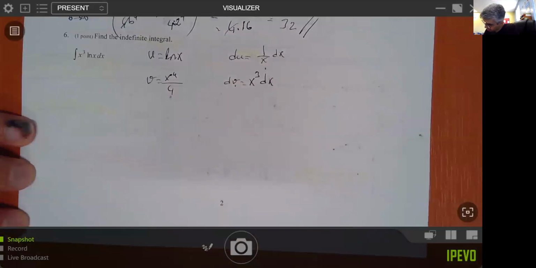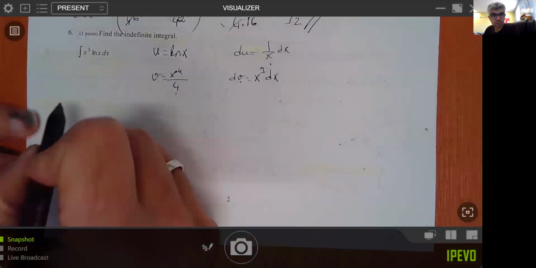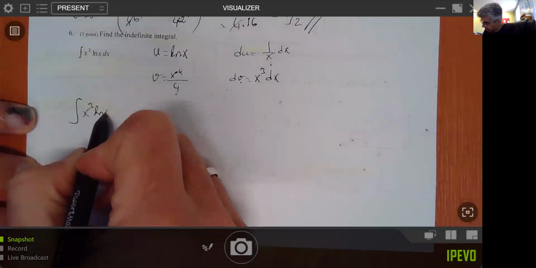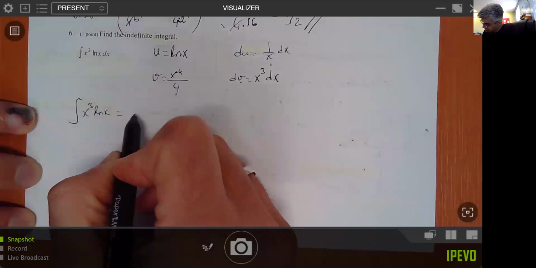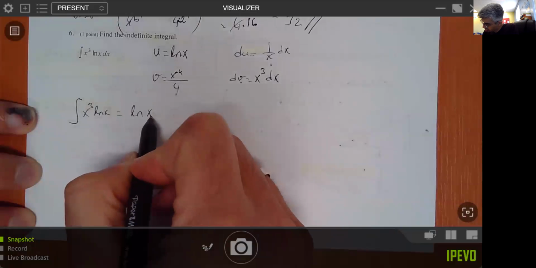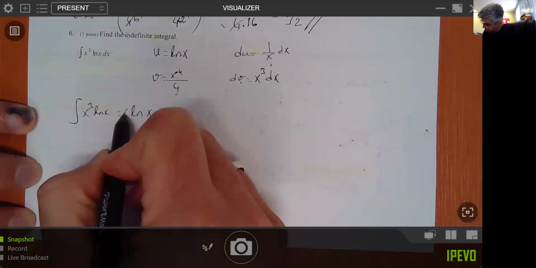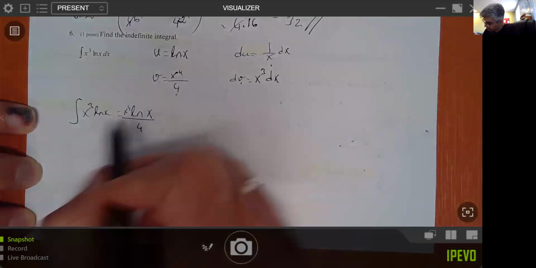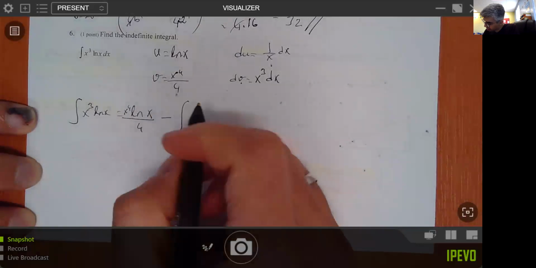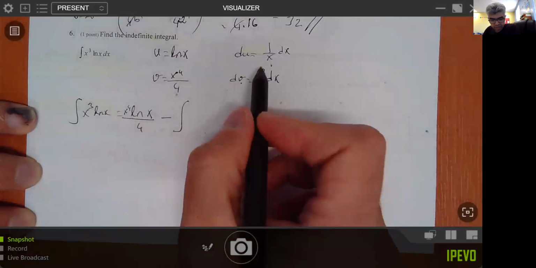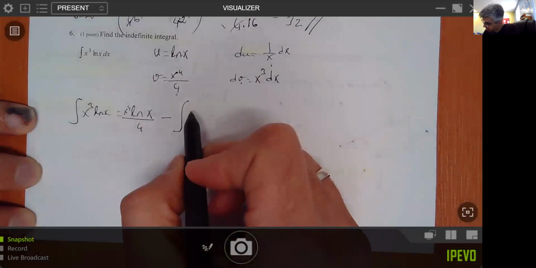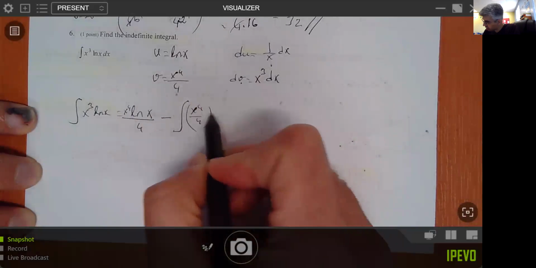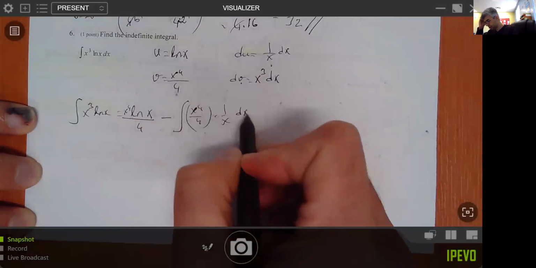So what do we have now? x cubed ln x is uv, x to the 4 over 4 ln x, minus integral of v du, that is x to the 4 over 4 times 1 over x dx.